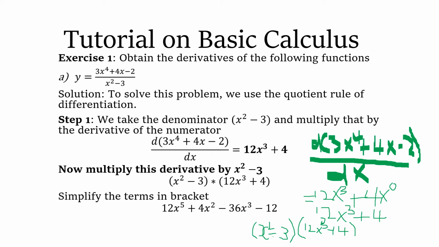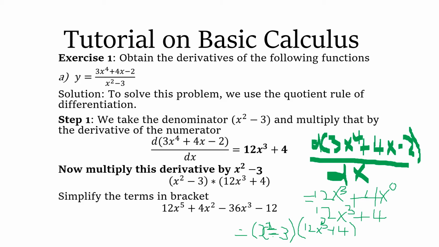So what else do we do here? Now remember this is x squared, then minus 3, right? To simplify this, you are going to multiply each term in the first bracket by all the terms in the second bracket.